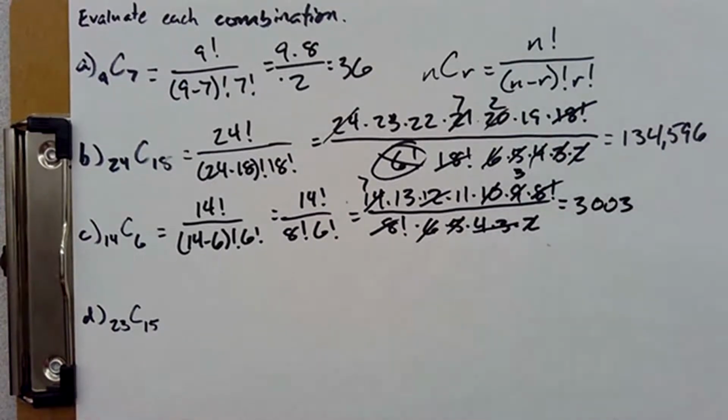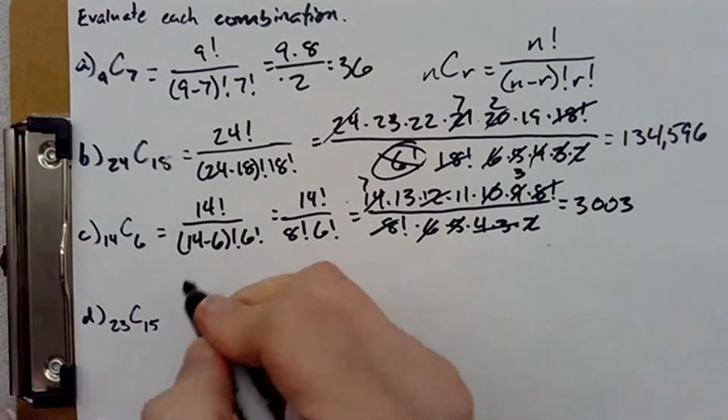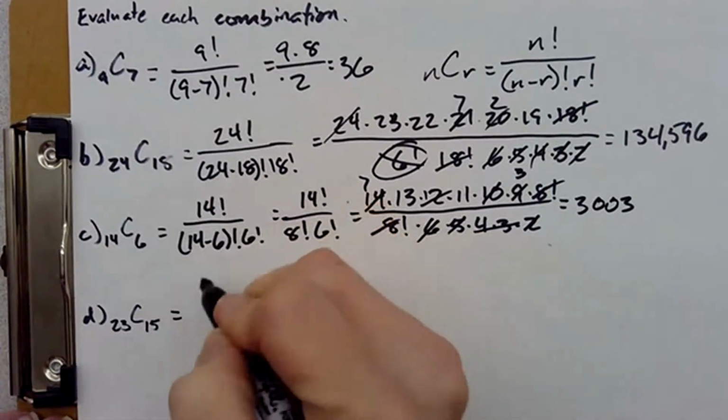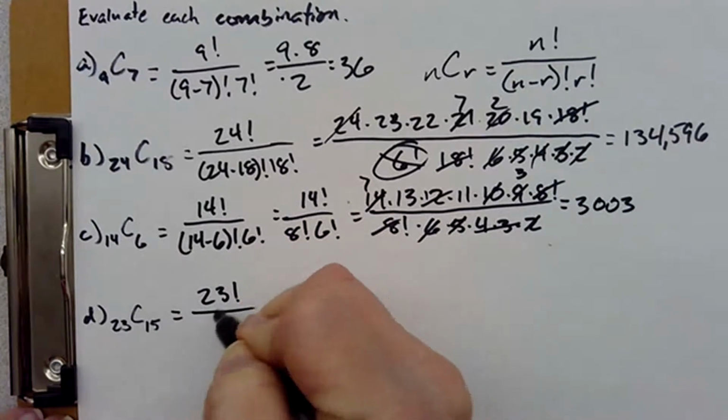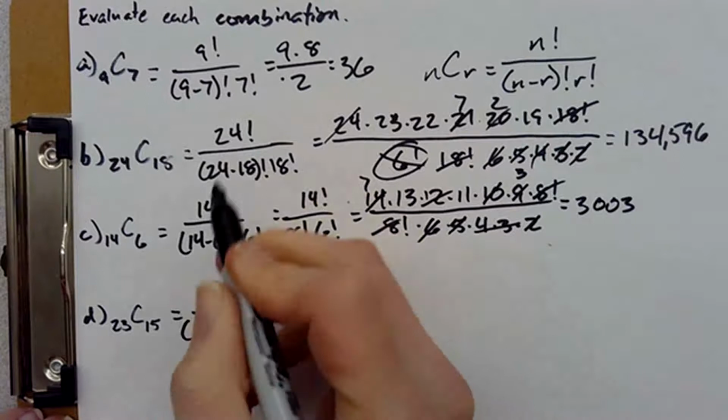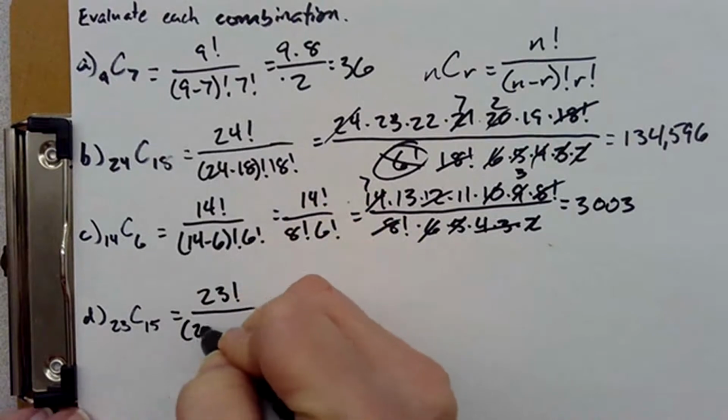Finally, 23 choose 15. 23 factorial divided by 23 minus 15 factorial times 15 factorial.